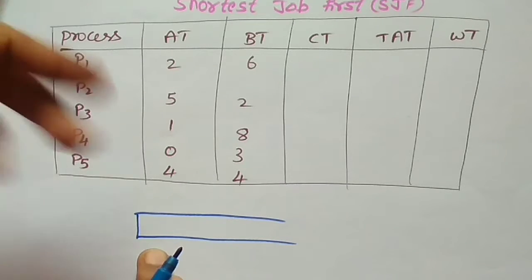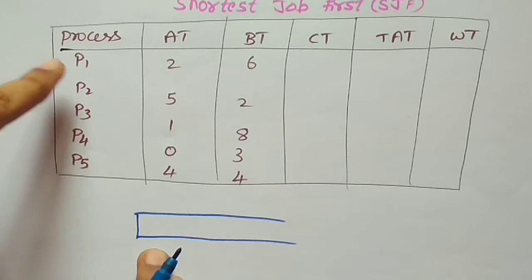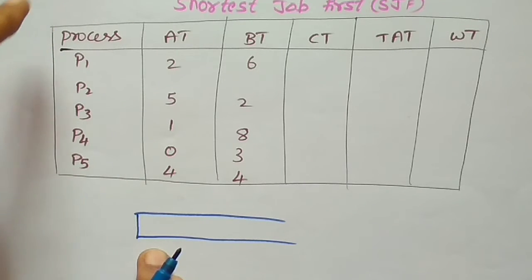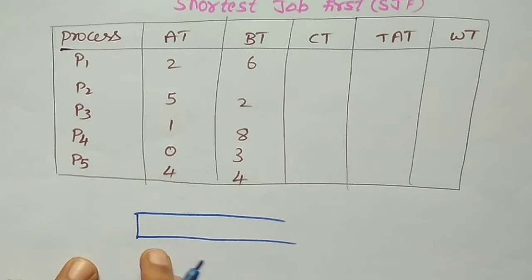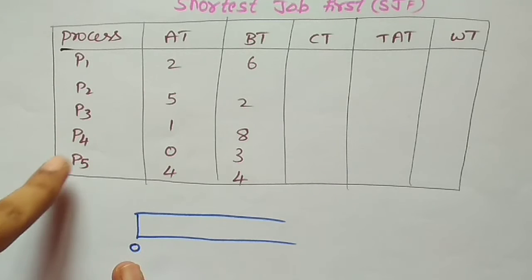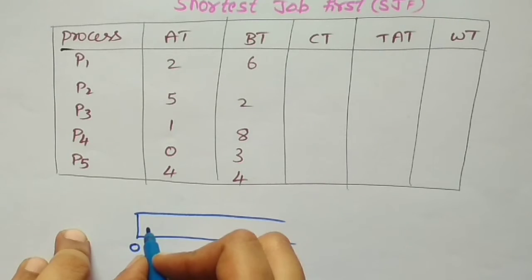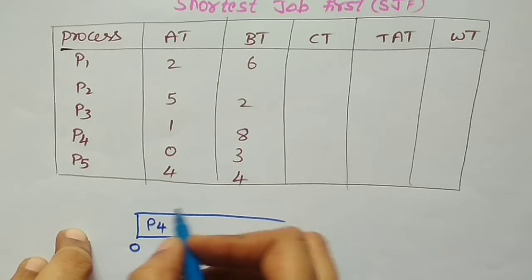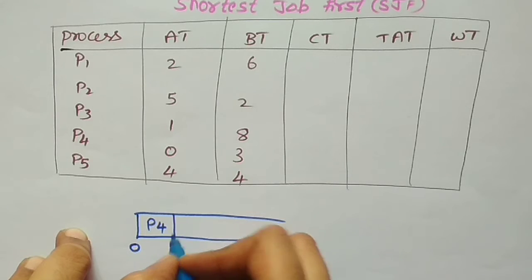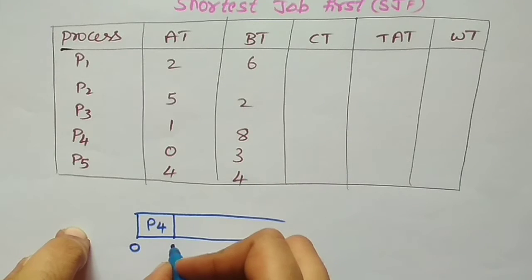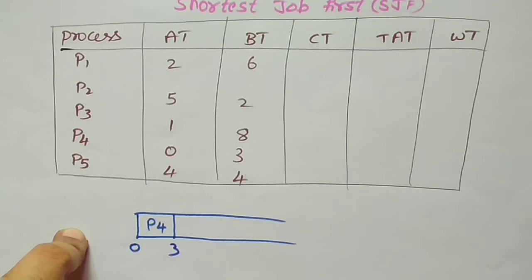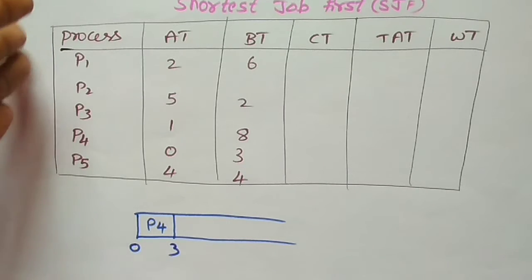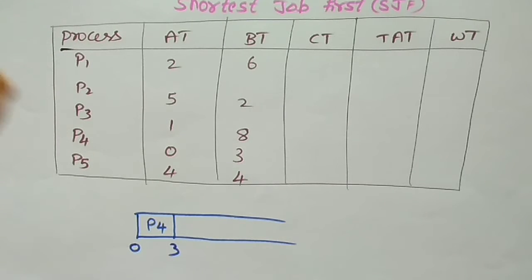For the first process, we are not applying the burst time criteria. At arrival time 0, the process that has entered the ready queue is P4, so we execute it completely, for 3 units of time. Since it is a non-preemptive scheduling algorithm, we execute it completely.